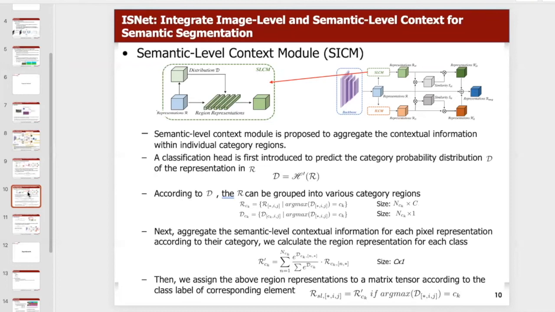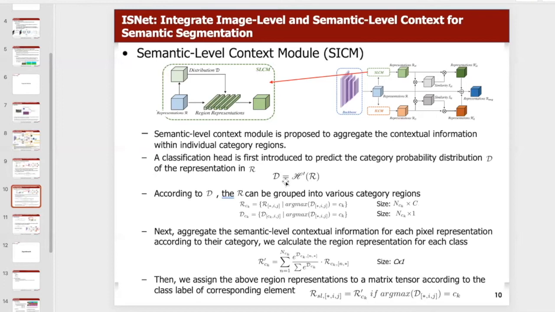Now, the author does these two operations to separate the representation into different regions or categories, so that in the following steps he can calculate the semantic level context information.